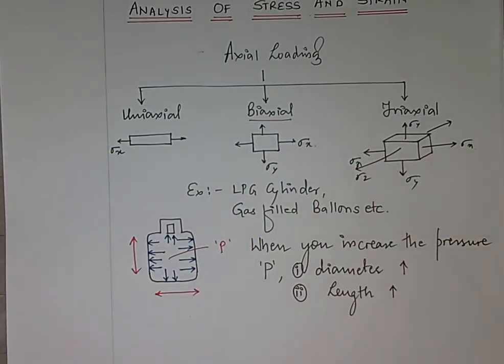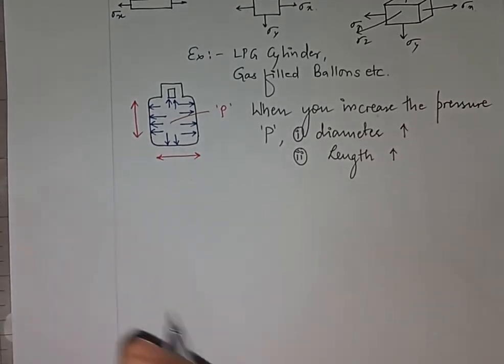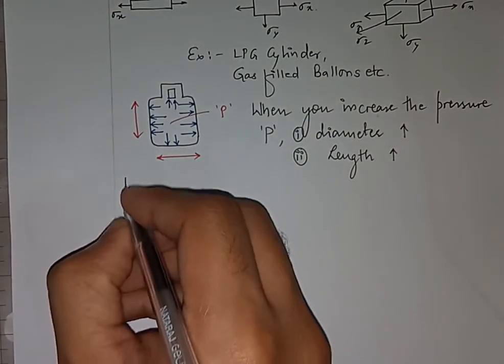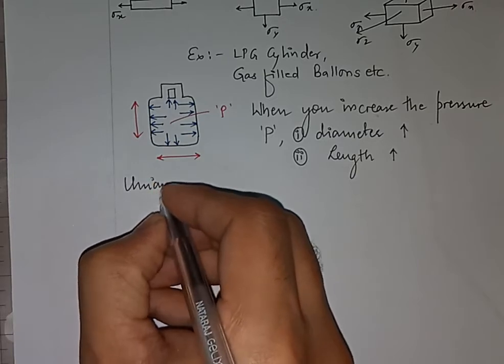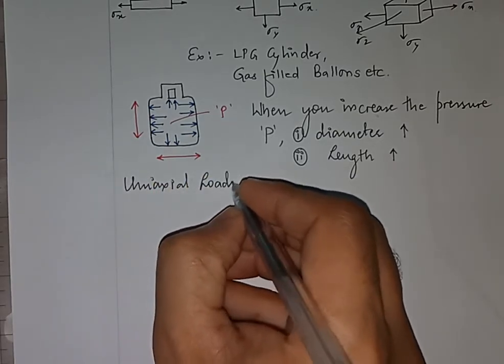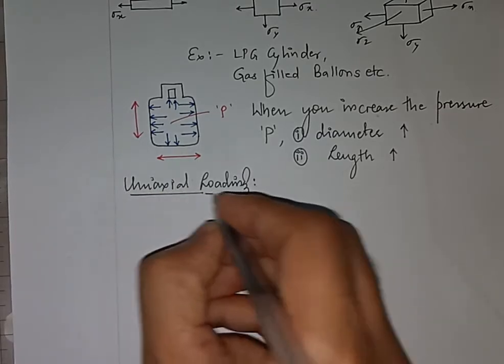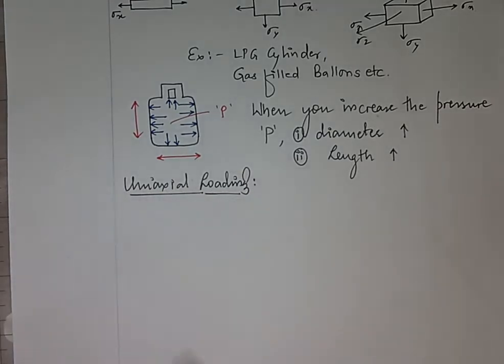Even in an oblique plane the loading will be there itself, but I am going to consider a plane at a certain angle with respect to the longitudinal axis. So let us study that in detail. First I will consider the case of uniaxial loading.